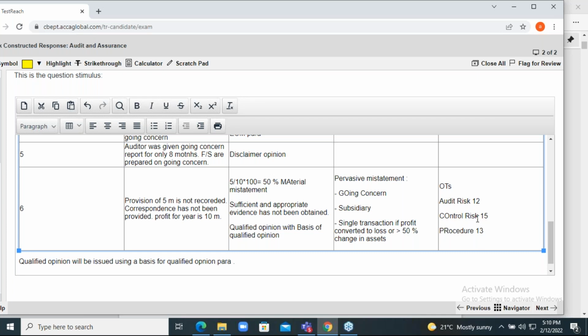So collectively from these long questions, they got 40 marks. So the total marks that they have obtained are 40 marks from long questions.